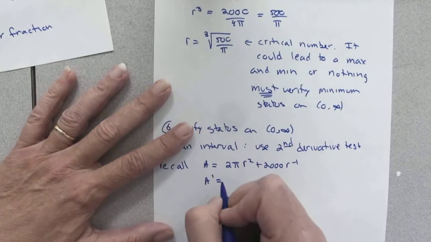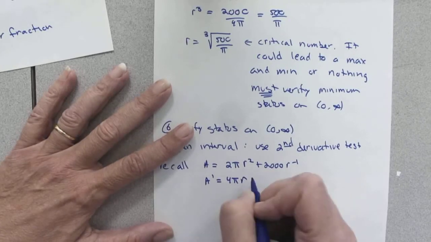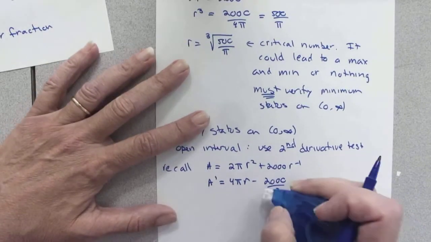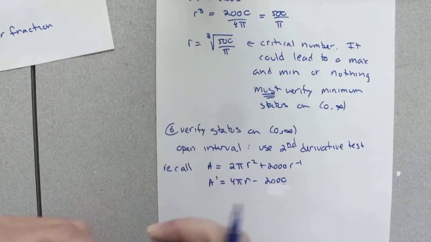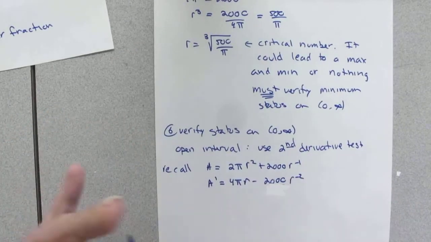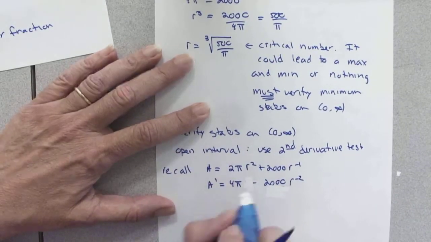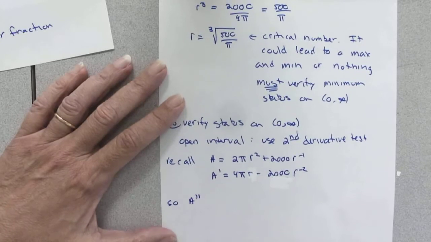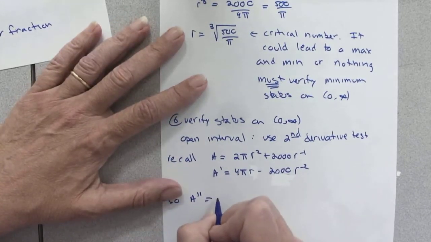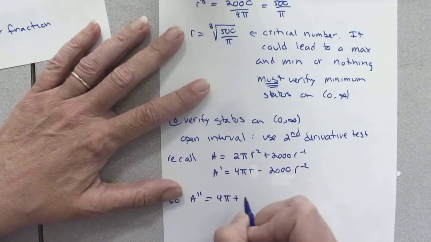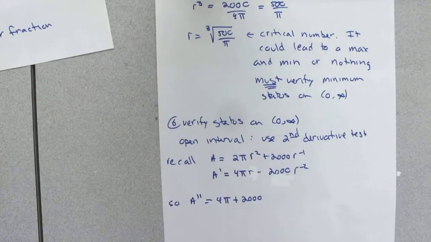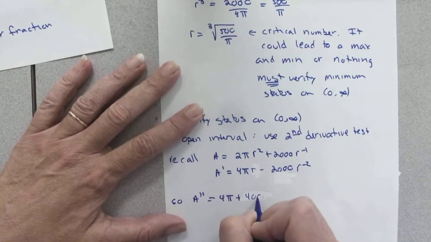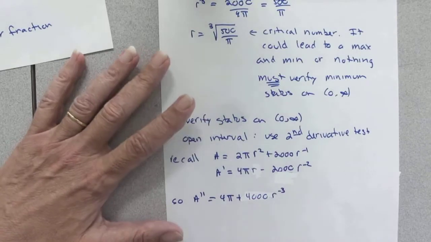The first derivative was 4 pi r minus 2,000 r to the negative 2. That'll be easier to work with. And so my second derivative is going to be 4 pi plus 4,000 r to the negative 3.